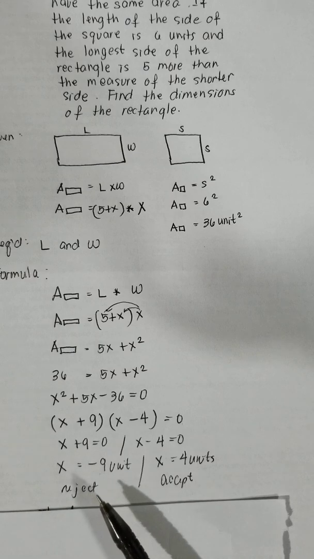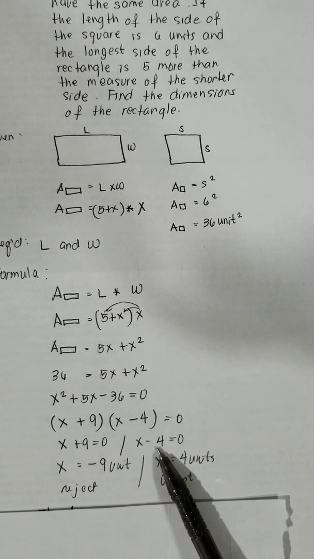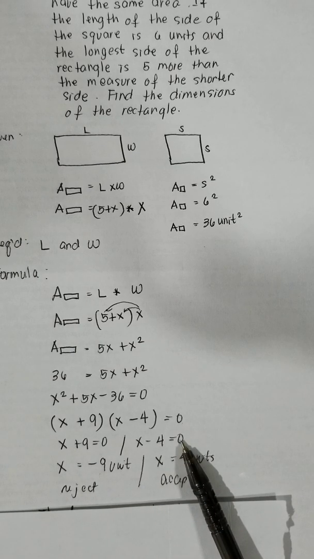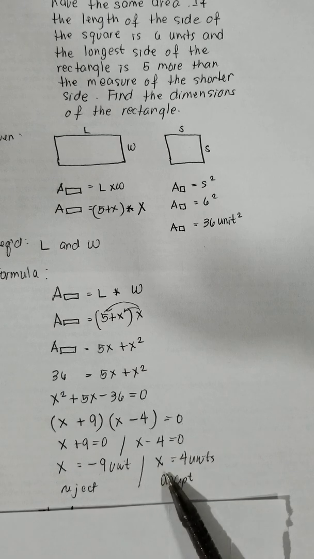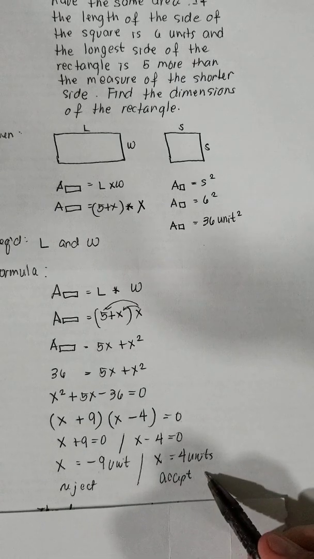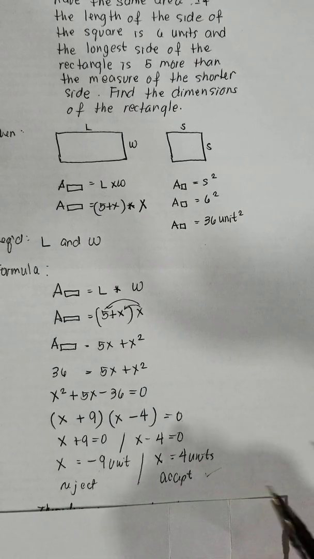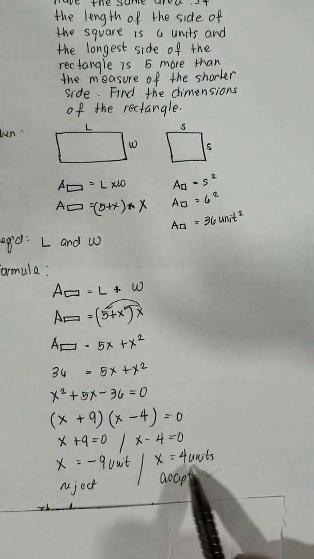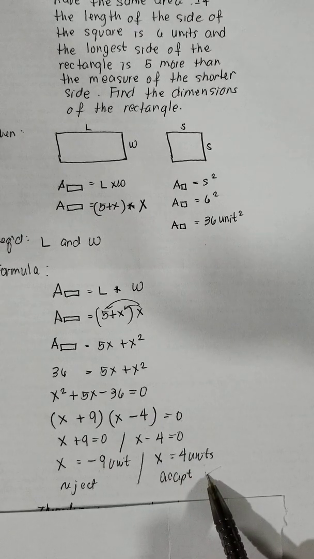The second factor is x minus 4 is equivalent to 0, which gives us x is equivalent to 4, which we will accept because 4 units is logical for a unit of length.